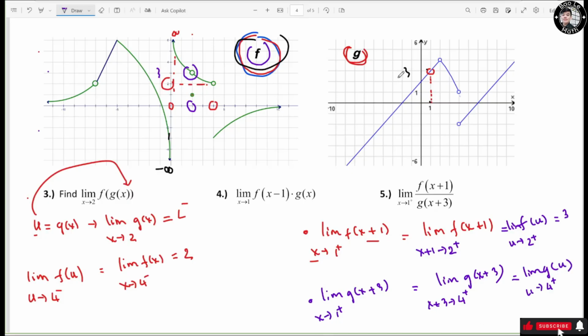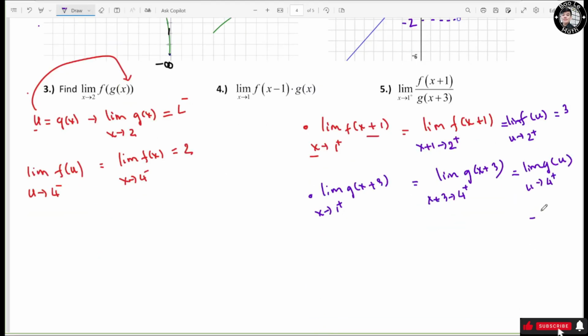So we use the function g right here. 4 is right here, 4 plus, it could be this guy right here. It could be -2, right? Now, this guy is 3 over -2, which is -3.5.